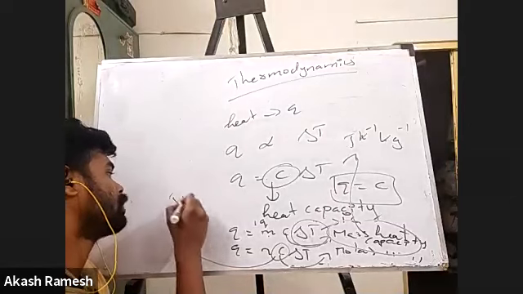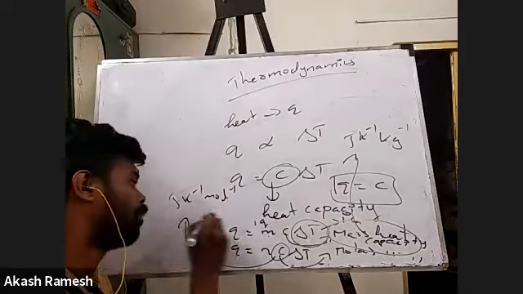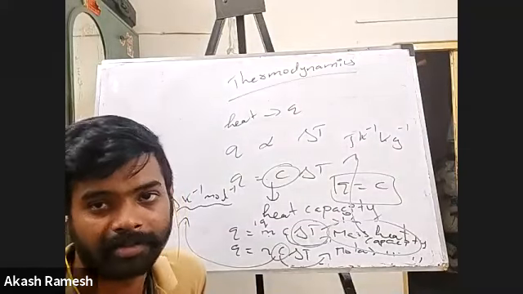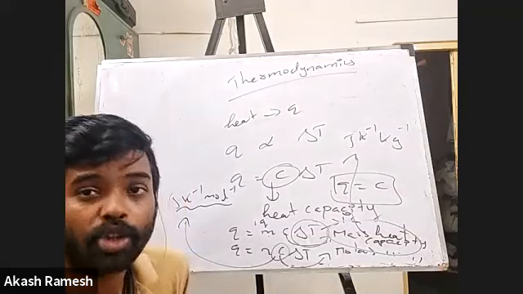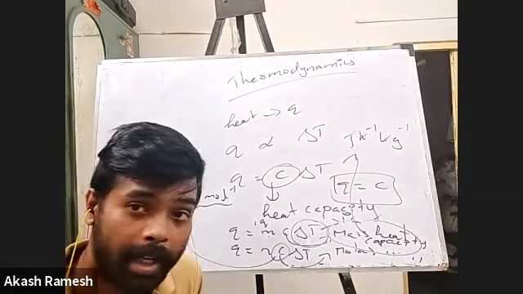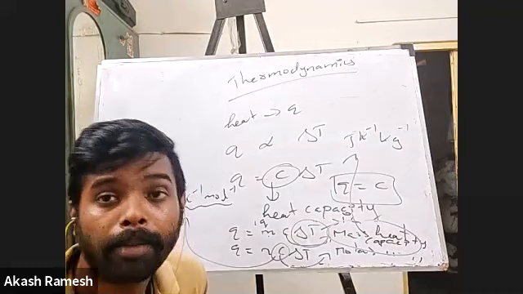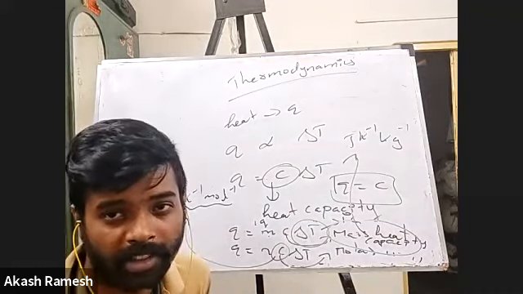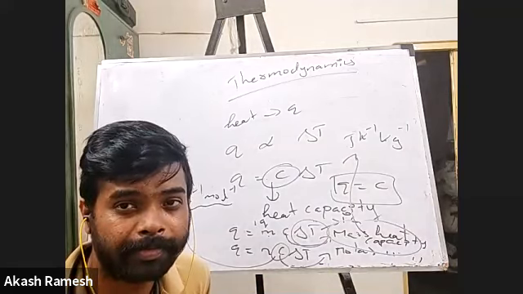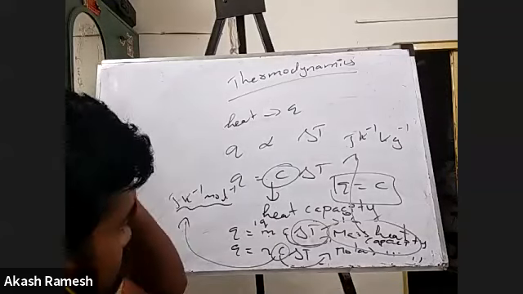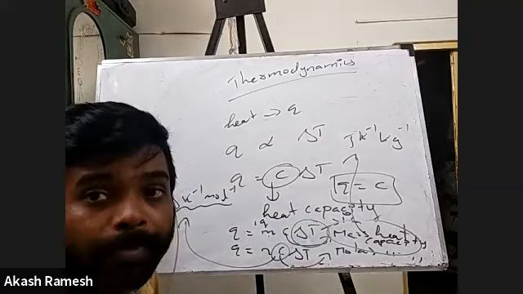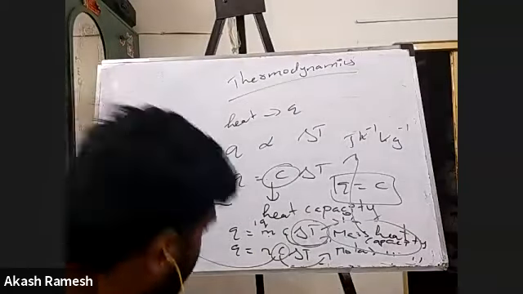So the only difference is joule per Kelvin per mole will be the unit of molar heat capacity. Joule per Kelvin per kilogram will be the unit of mass heat capacity. Is that okay? Any doubts? No, sir. Okay, cool. So we understood what this heat capacity is, and we have defined 2 different heat capacities also, right? Okay, we'll move on.